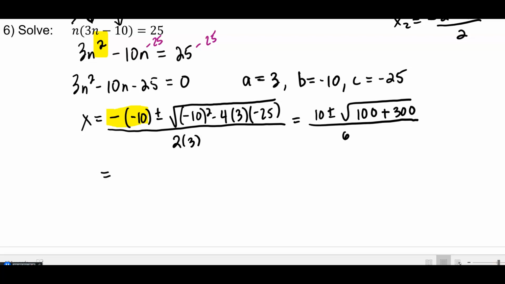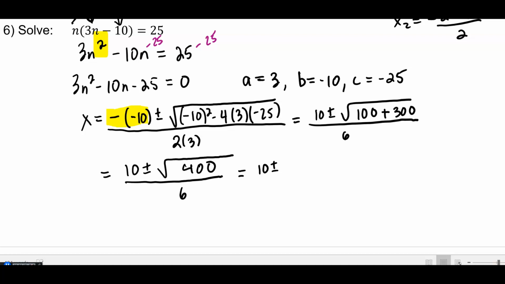All right, hopefully you have paused. So now we have 10 plus or minus the square root of 400 all over 6. And then 10 plus or minus, now that 400 is a huge number. You may have broken it down as 4 times 100, but notice 4 and 100 are perfect squares, correct?